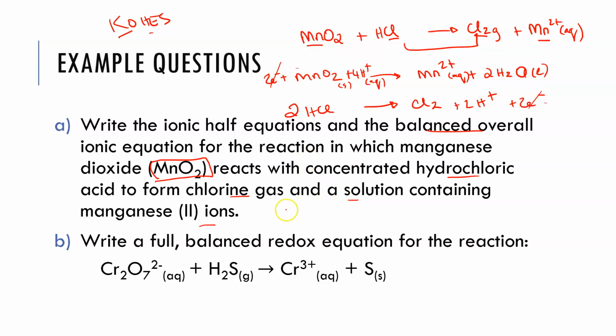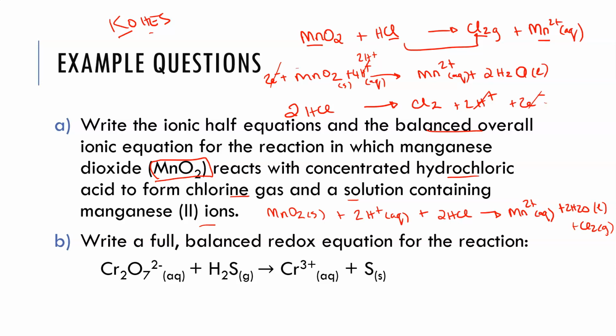I can now write my overall equation as MnO2 solid plus, I've got 4 H+ here and 2 here, so it's going to leave me with 2 H+ aqueous plus 2 HCl goes to Mn2+ aqueous plus 2 H2O liquid and plus Cl2, which will be a gas. And that is my overall balanced equation.